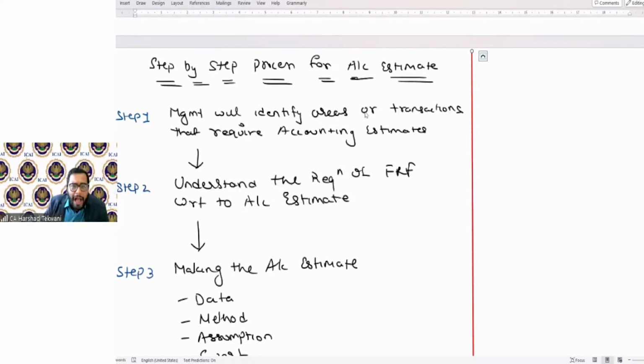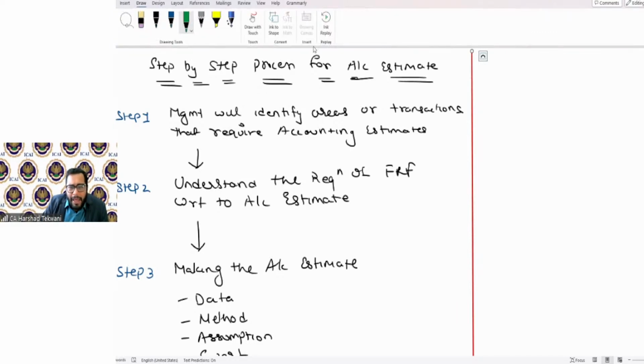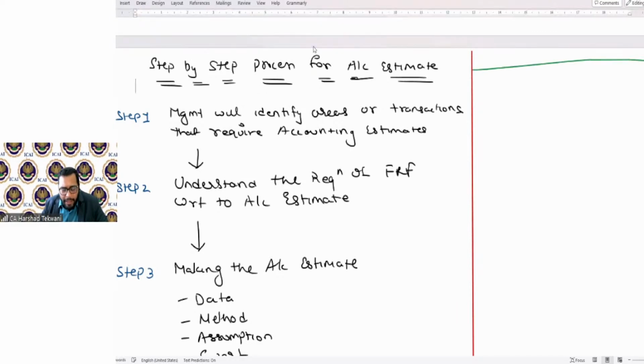Now I will apply SA 315. Remember, this standard is nothing but the application of SA 315 and 330. So I will apply SA 315 with respect to identification of the risk of material misstatement.